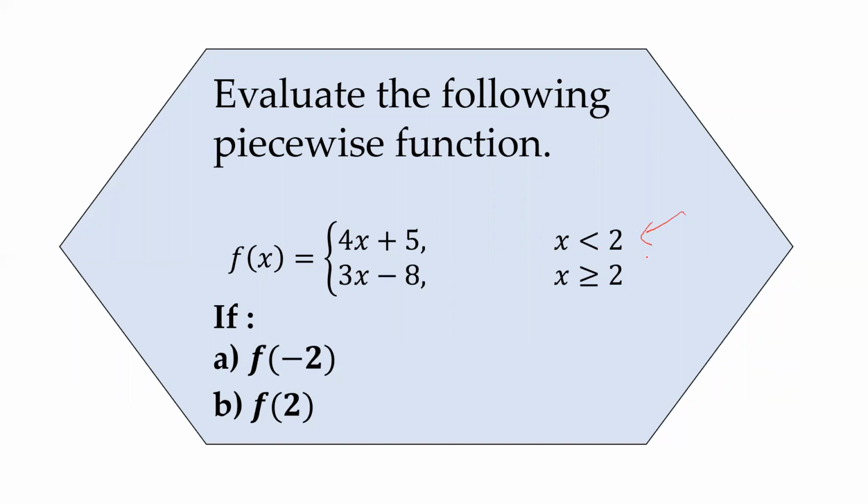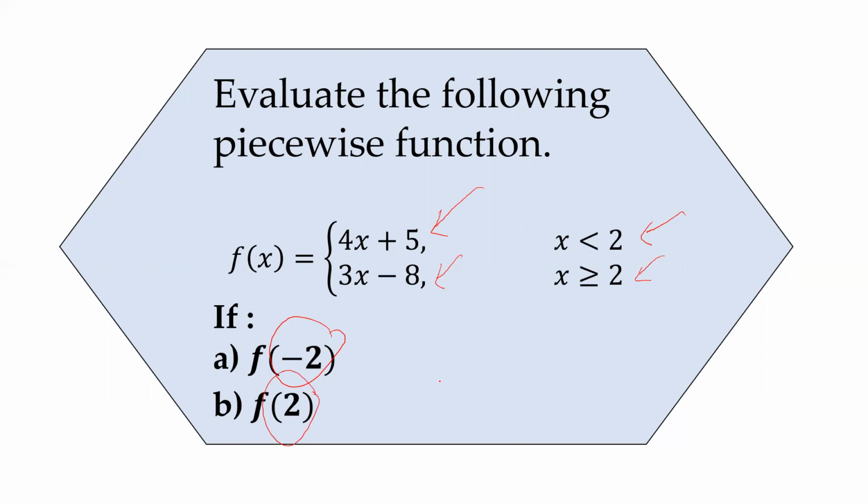So for all values of x less than 2, this is the function to be used. The next function to be used is 3x minus 8 if the given replacement of x is greater than or equal to 2. All right, this would be the function. You are asked to evaluate if the replacement value is negative 2 and positive 2.